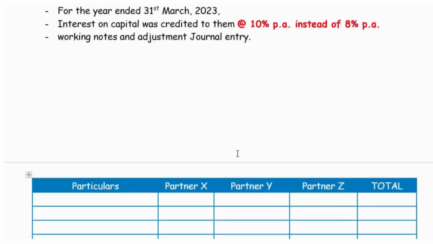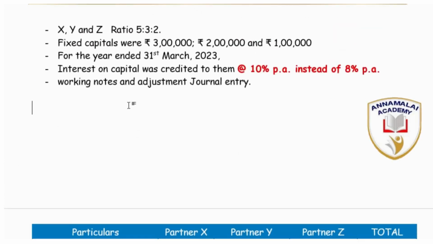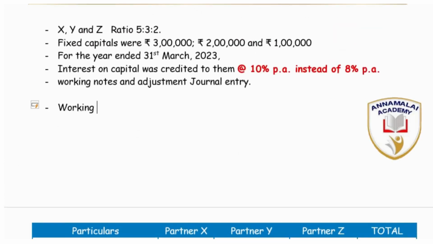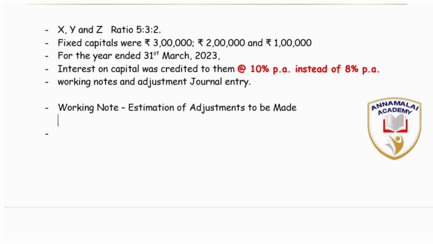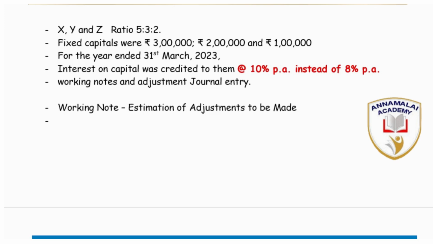As usual, to start working on that, first let us start with the working notes. This working note is to estimate the adjustments to be made. What is the situation given in the question? The partners are being wrongly credited at the rate of 10%.